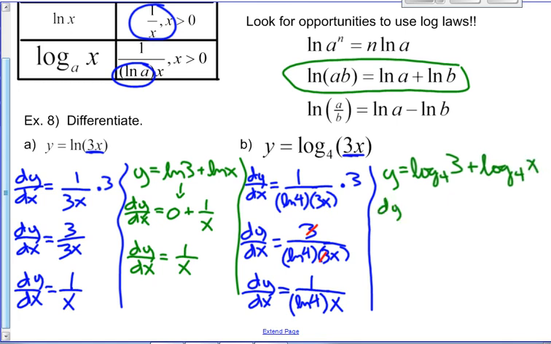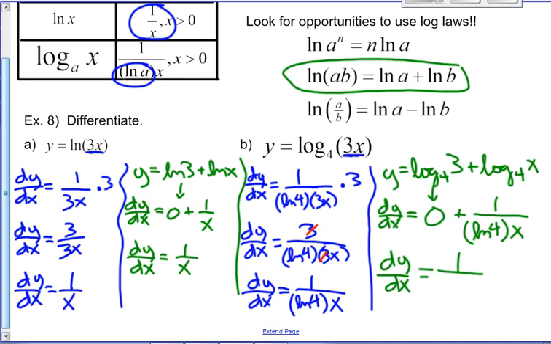And our derivative is going to be, well, this one will be 0 because it's just a constant, plus 1 over ln 4 times x. So there's less simplification that needs to happen in the fraction. We get straight to 1 over ln 4 times x. Either one's good.